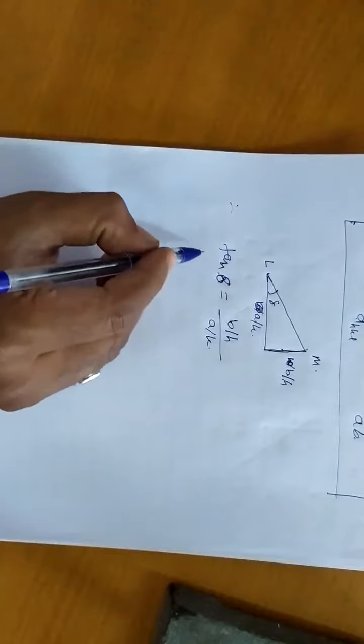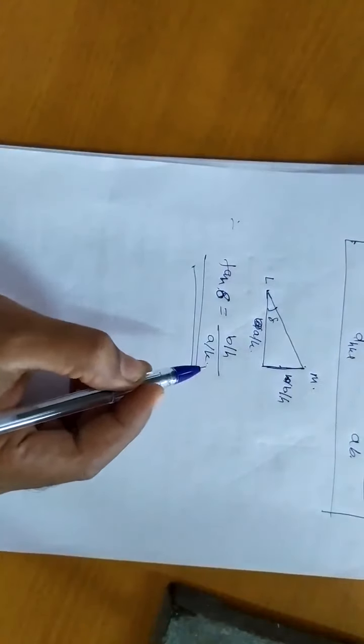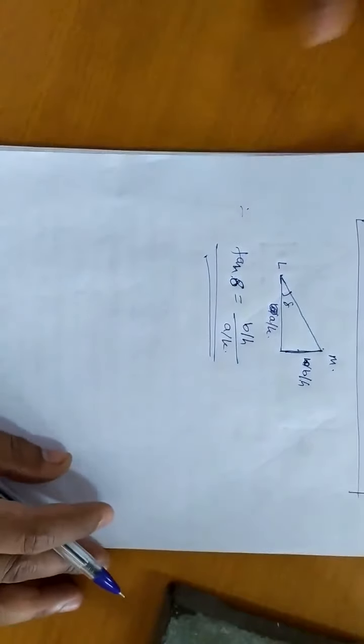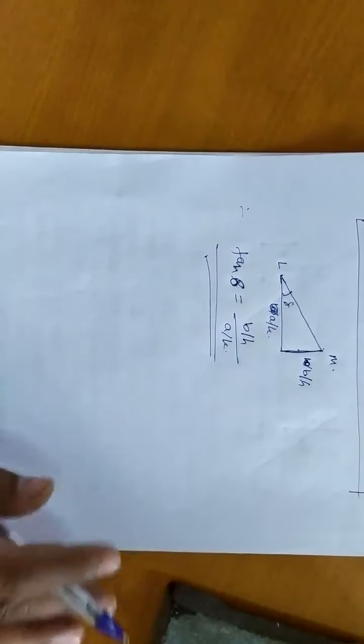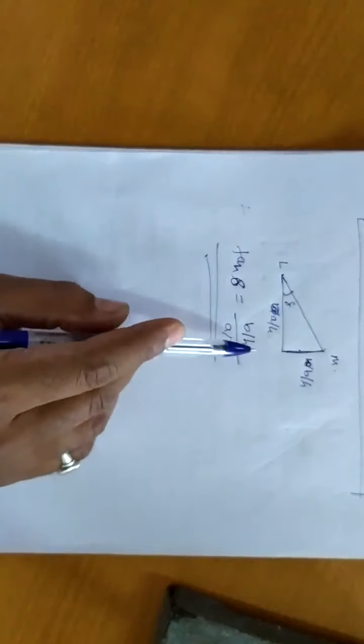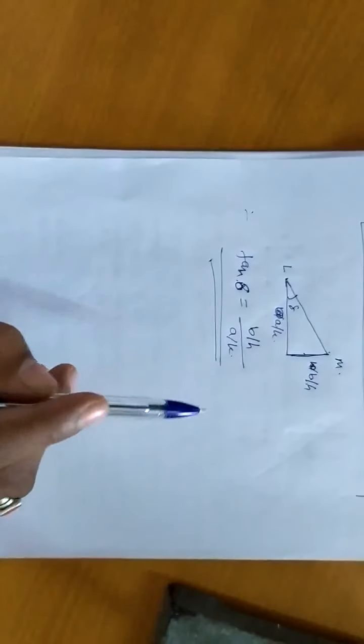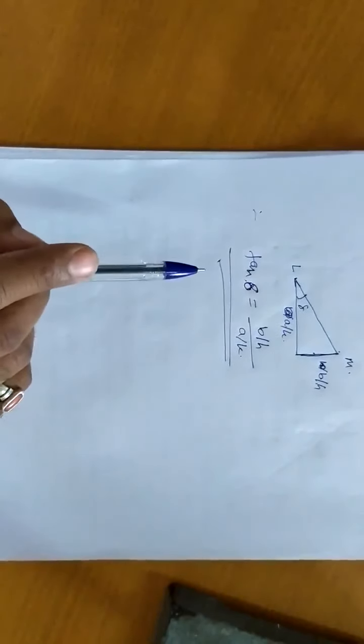Therefore we have this equation, and this equation represents the plane of a square lattice, that is the square reciprocal lattice.